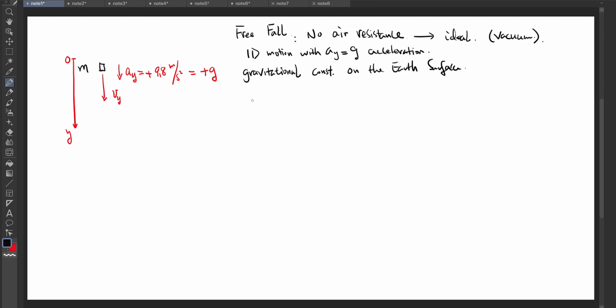We can calculate any instant velocity, which we call Vy, and it will be equal to the initial velocity, Vy naught, plus Ay times t minus t naught. Here t naught is the initial instant, and Vy naught is the initial velocity.